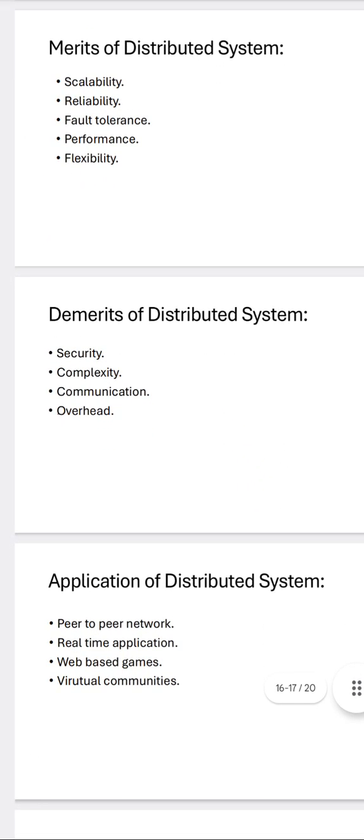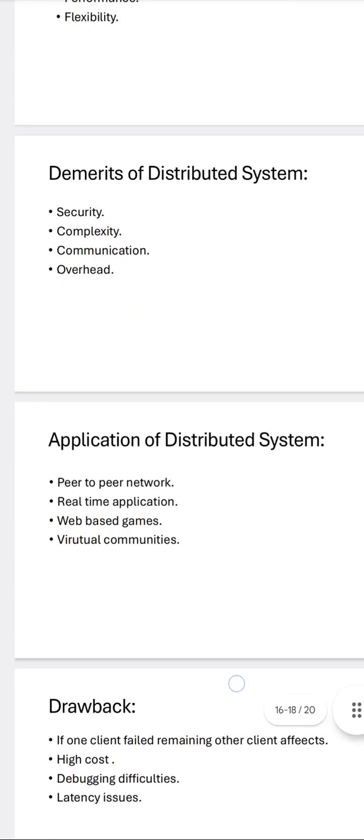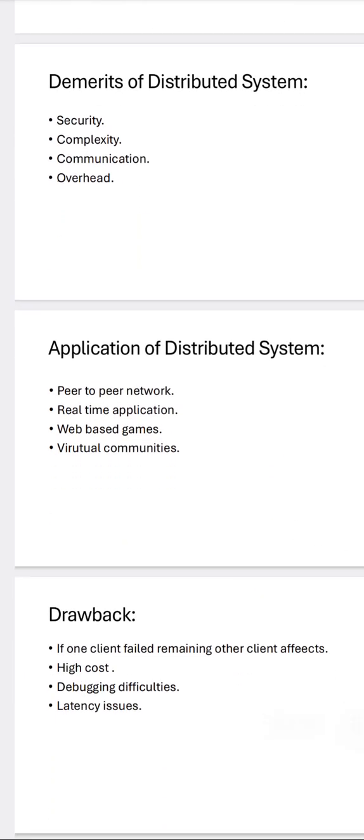Next, applications of distributed system. There are many applications. I have listed them shortly. That is peer-to-peer network, real-time applications, web-based games, virtual communities. These are the applications of distributed system.